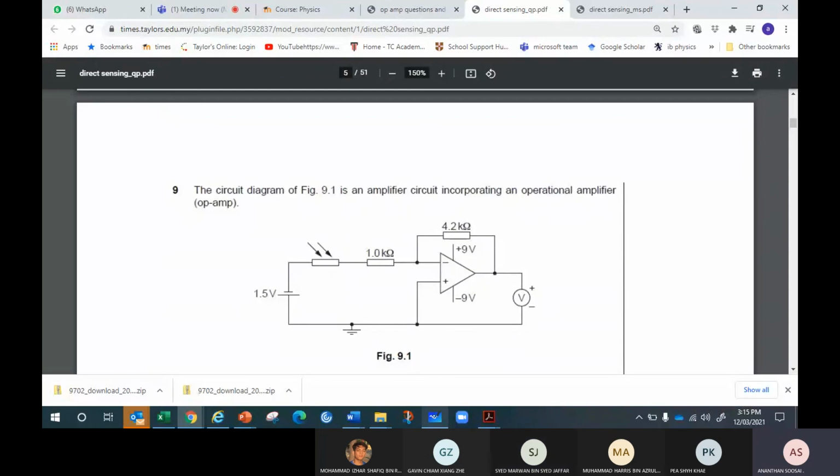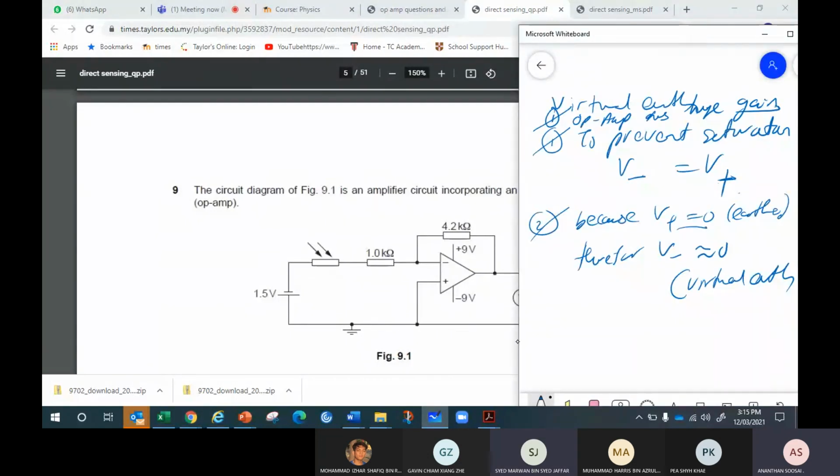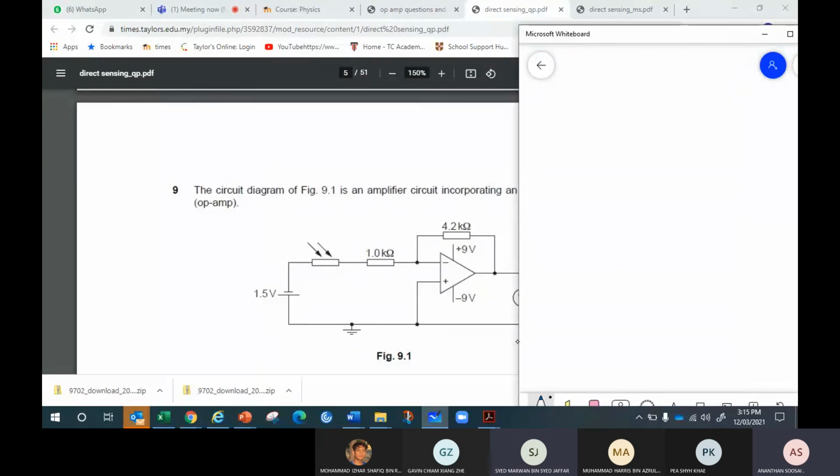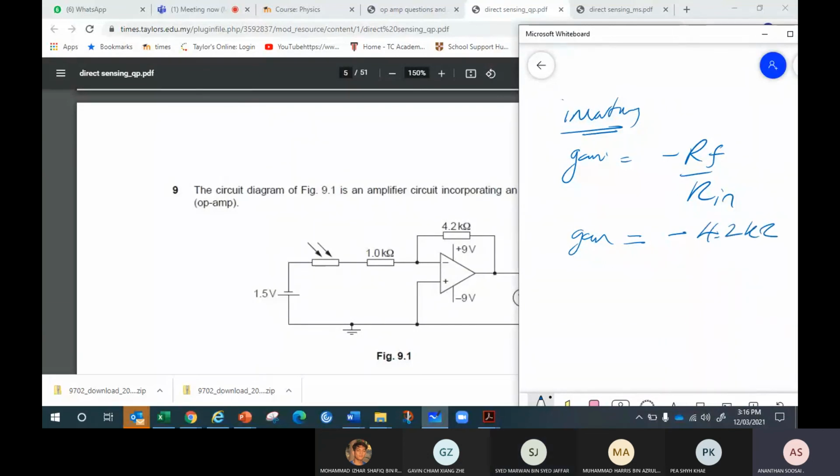Okay, this is tricky. How do you do this? First identify what type of op-amp this is. This is inverting. Because it's inverting, the gain should be how much? Negative RF over Rin. Find the gain first. Negative RF, how much? RF is 4.2 kilo ohm.